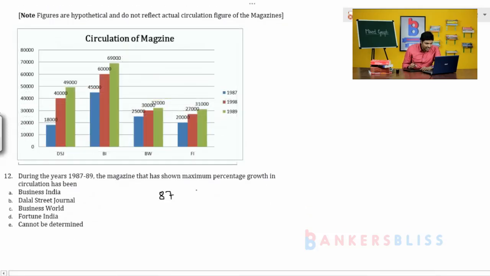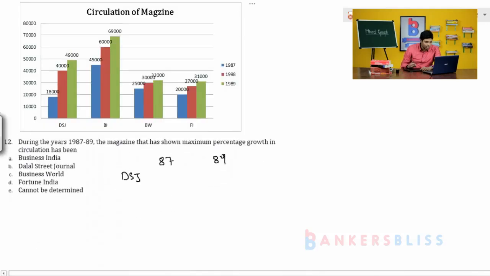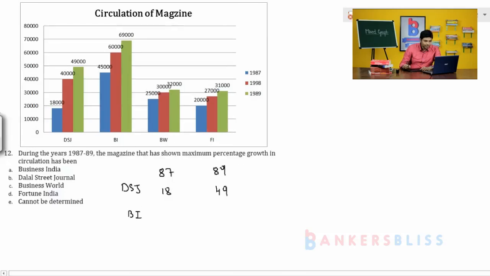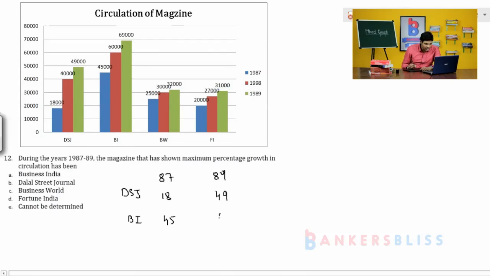Dalal Street Journal, DSJ, in 87 it was 18,000 and in 89 49,000. Next, after Dalal Street you take Business India. Business India 45 and 69.